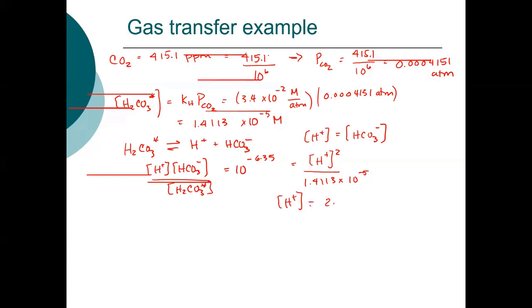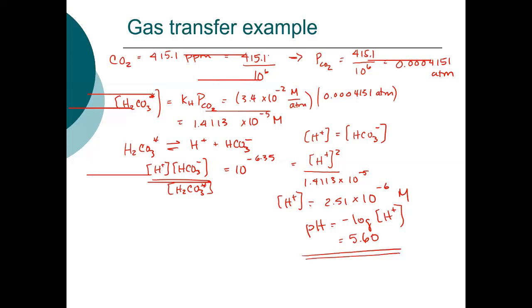And that is equal to 2.51 times 10 to the minus 6, and the units will always be molar if you're looking at an equilibrium reaction like this. Now to calculate pH, that is the negative log of the hydrogen ion concentration. So that is equal to 5.60.